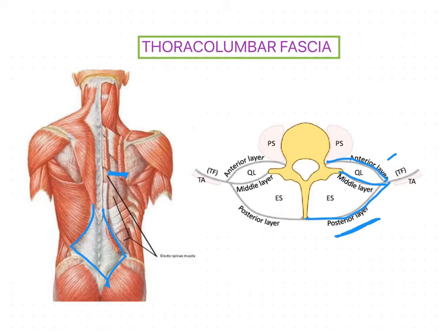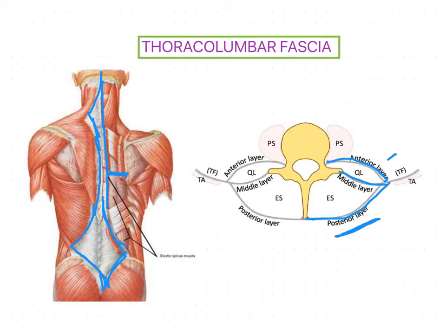Now if you look at the extent of the thoracolumbar fascia, the posterior layer covers the loin, and it is continued upwards on the back of the thorax and also the neck. It extends up to the nuchal line.